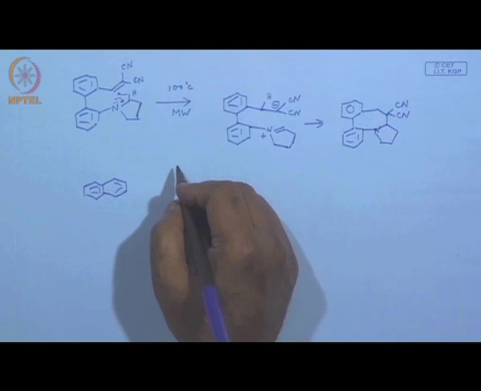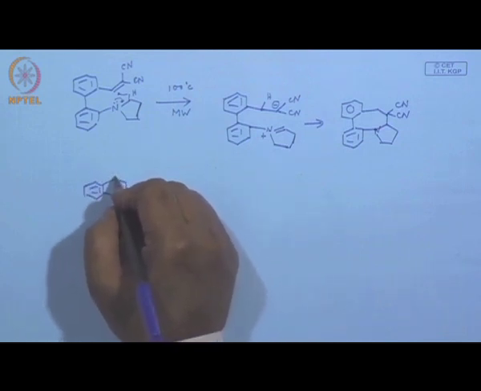Now the next example is, I think, for a 7-membered ring system, and in this case it is a naphthalene case. From naphthalene, if you want to make a 7-membered ring, what can you do?